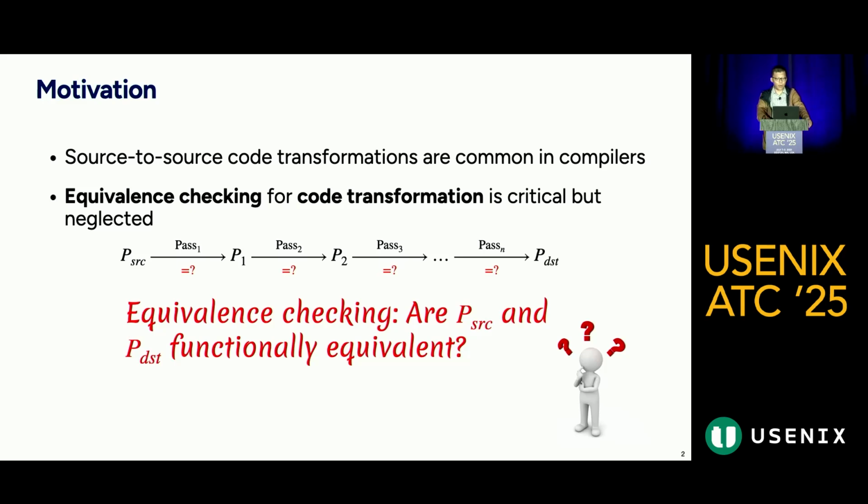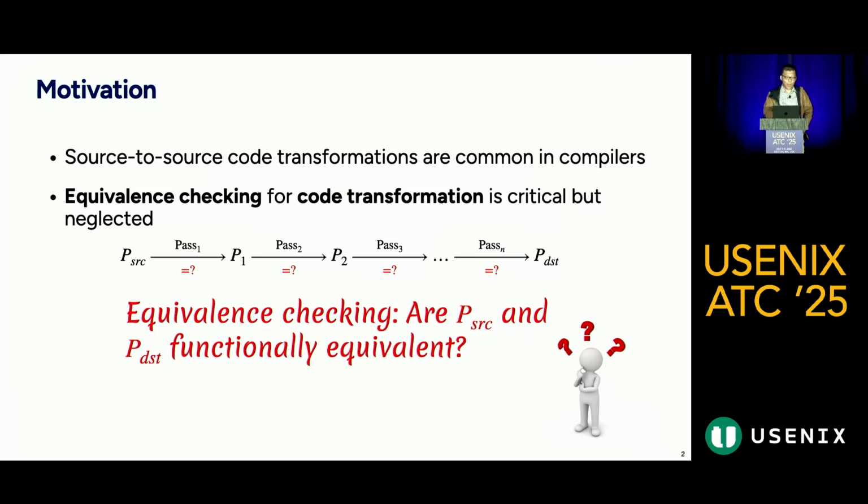Today's compilers perform source-to-source code transformation, and it's common in today's compilers. However, equivalence checking for code transformation is critical, but sometimes overlooked. Consider we have an optimization chain from the source code to the destination code, with compiler optimization techniques including loop unrolling, loop tiling, and loop hoisting.